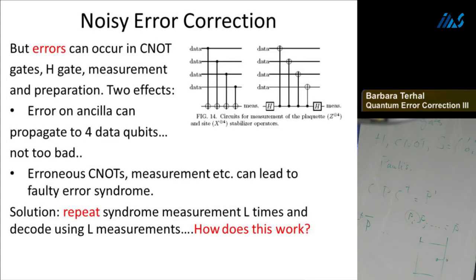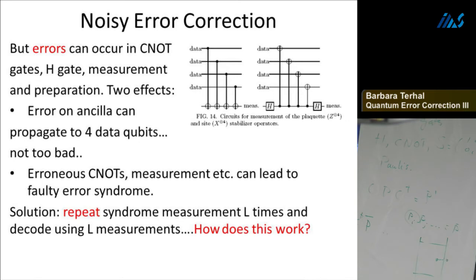And then you say, well, what happens in the realistic case, where we have noise errors in these circuits? What we see also is that if we have errors on the ancilla and so on, we can feed back errors to the data. Actually, not necessarily to four data qubits, but to some data qubits. Is that bad? Well, in this case it's not so bad, because we imagine that this L is fairly large.